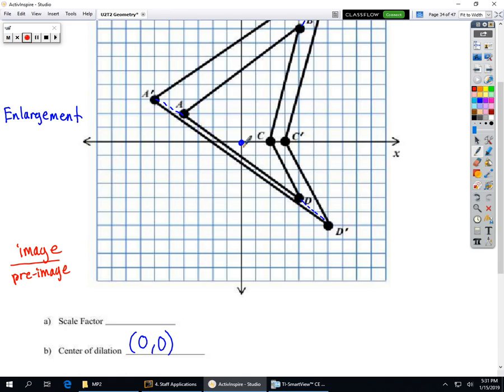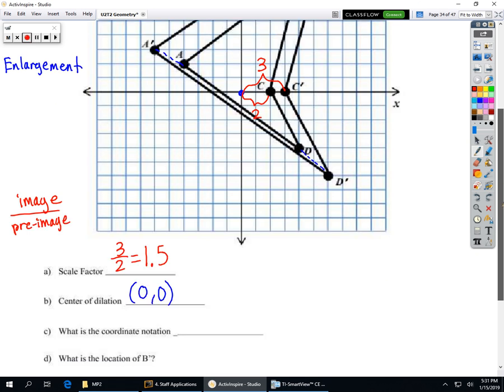How big is C prime? That is 3. How big is the pre-image? 2. So image over pre-image, 3 over 2. Your scale factor is 3 over 2, or 1.5. In this case, you can leave this one as a decimal because it's a nice decimal. No repeating decimals, please.